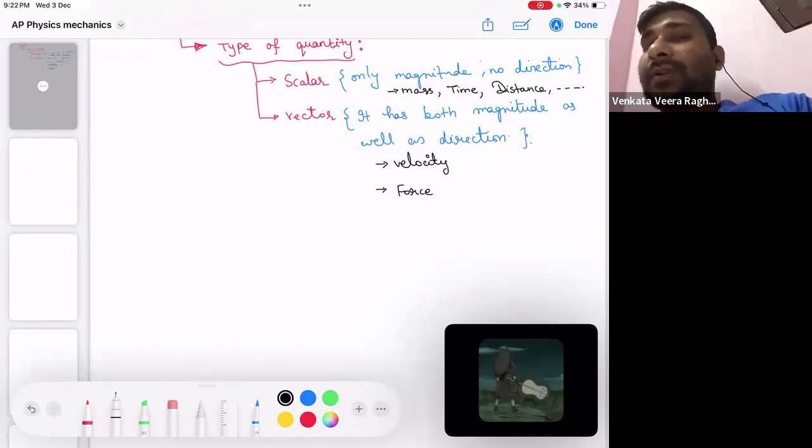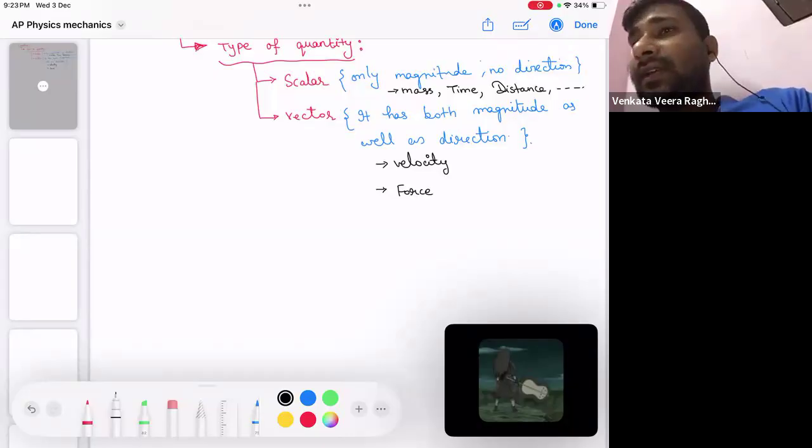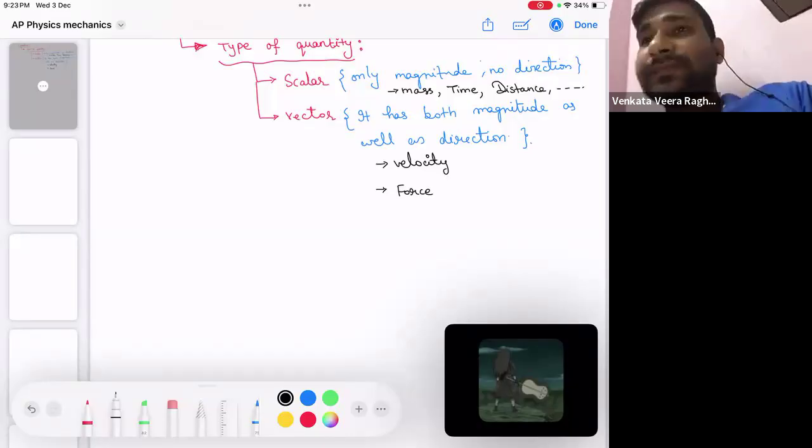Is that clear? So that means scalars, if we are going to add them, there is no problem. If I ask you, two bodies are there, one has mass 5 kg, the other has 10 kg. What is the total mass in the bag? What will be your answer?